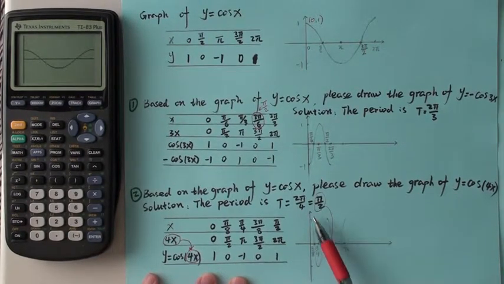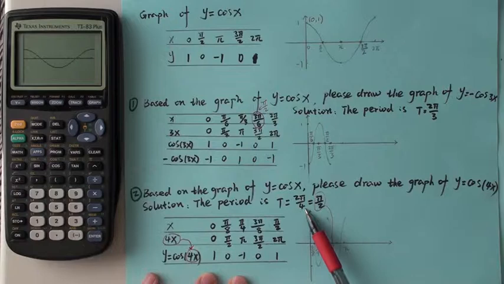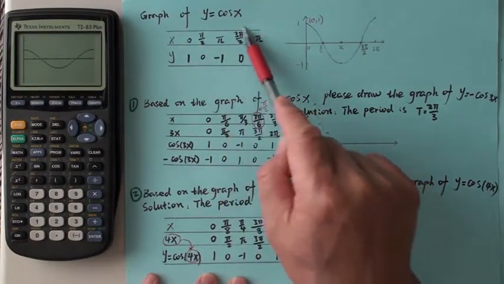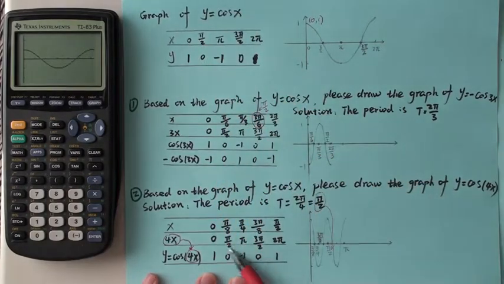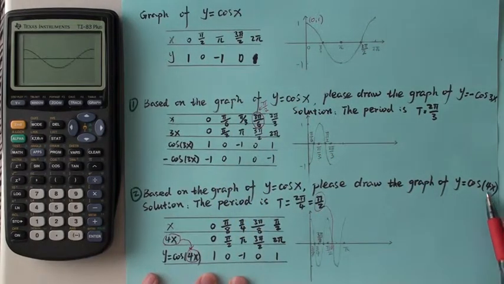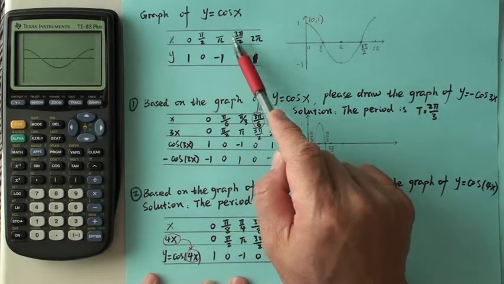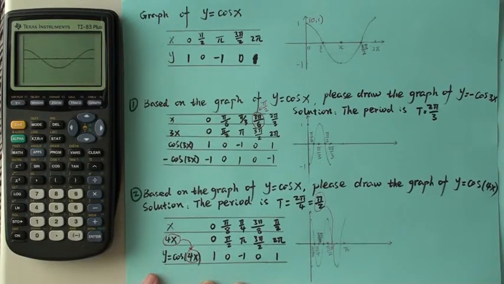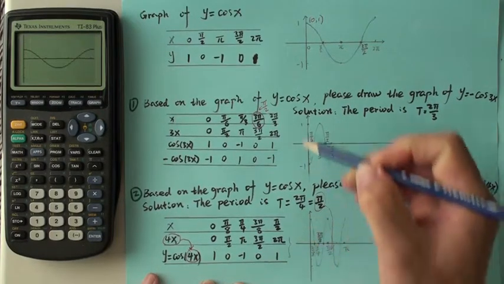So that's why we use 4 to divide 2 pi. You then get 0, pi over 2, pi, 3 pi over 2, 2 pi, which is basically the values right here. And when you plug in the 5 different values of 4x, you get 1, 0, negative 1, 0, 1. So I want you to be aware that those two rows are the same.